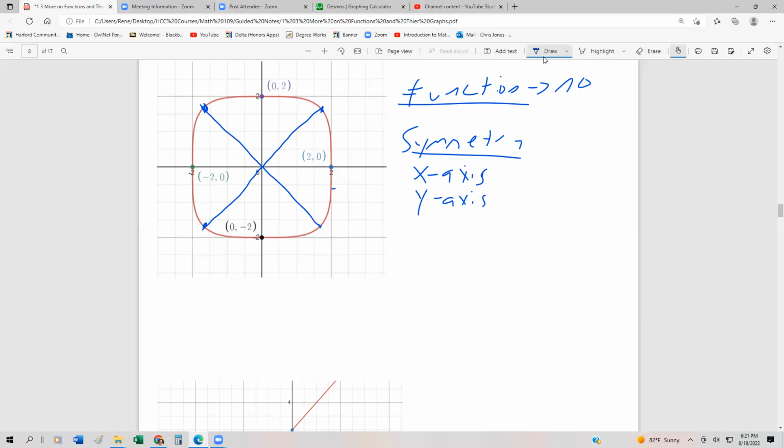And of course, that's not the only points, okay? There's a lot of other points that look like they're reflected in the origin. So this one looks like that we're going to have symmetry for the relation, but not a function, about 3 places. It looks like that we're going to have x-axis, y-axis, and the origin.